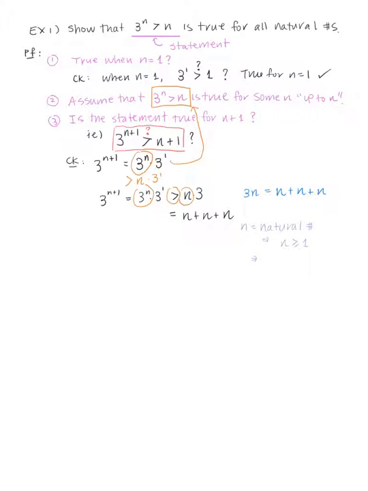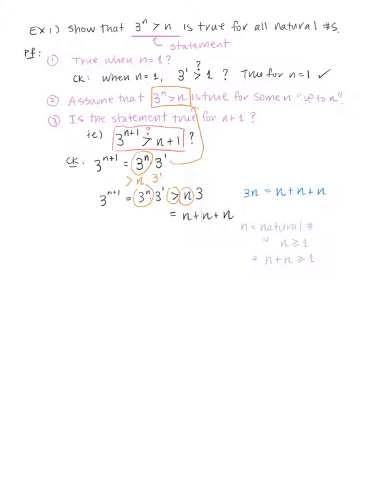Then if I add another n to it, meaning if I add another n plus n, this is certainly going to be greater than or equal to 1. Do you agree? So think of it in this way. Take n to be 2 or something like that. Then 2 is greater than or equal to 1. Great. So that means what? 2 plus 2, which is 4, is certainly going to be greater than or equal to 1.